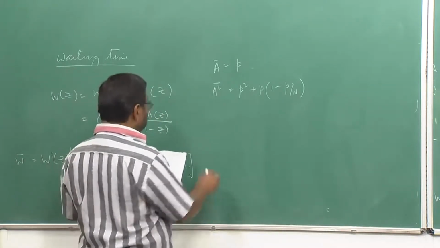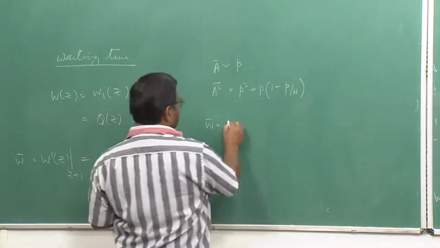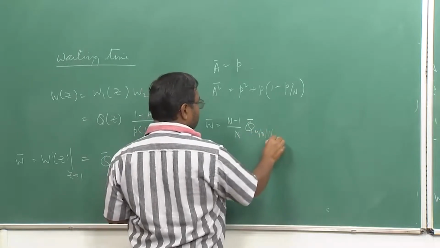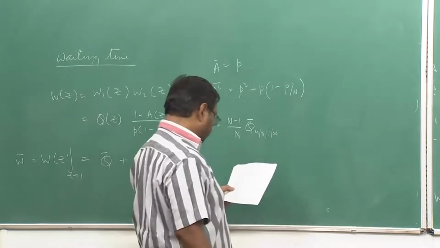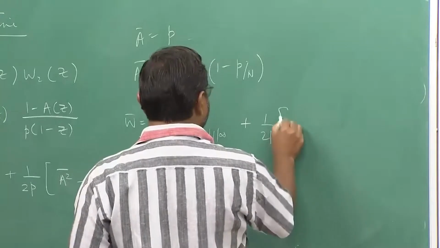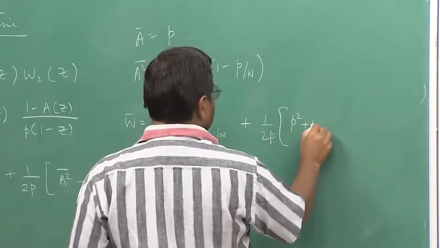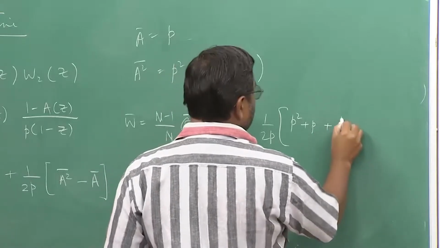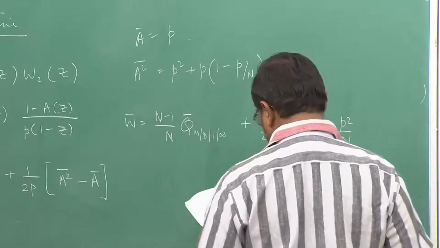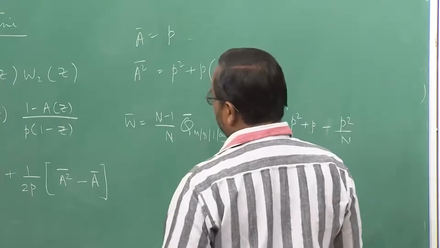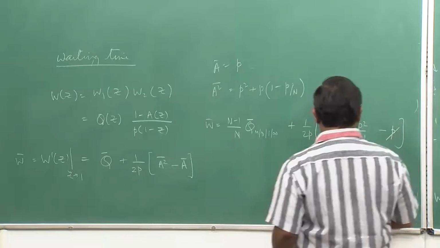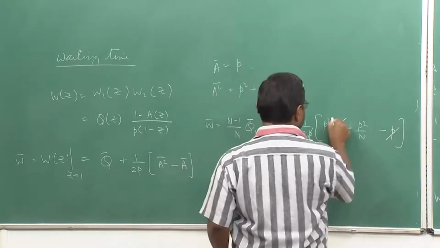So, your W bar will be N minus 1 by N Q bar of the MD1 infinity system plus 1 over 2 P, and of course A bar is P, so it is minus P. This P will cancel with this one.